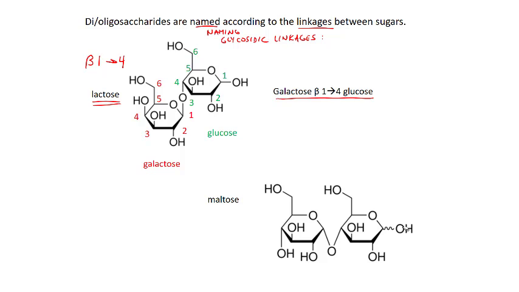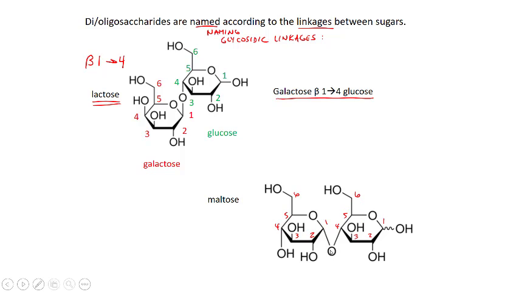So let's have a look at it. What type of glycosidic linkage do we have here? Well, I think the best bet is to start off by numbering your carbons. 1, 2, 3, 4, 5, 6. 1, 2, 3, 4, 5, 6.